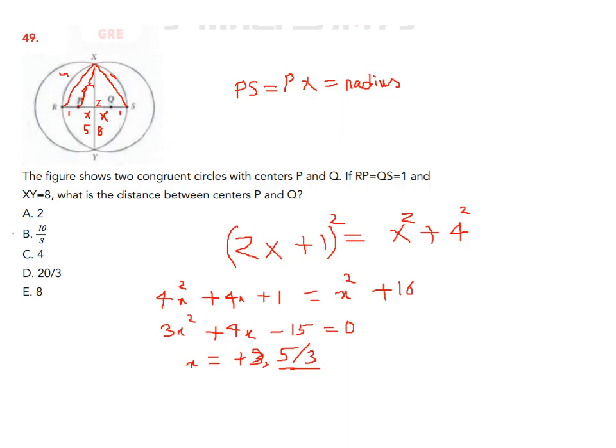We are taking the equation of Pythagoras, a square plus b square equal to c square. So 2x plus 1 whole square equal to x square plus 4 square.